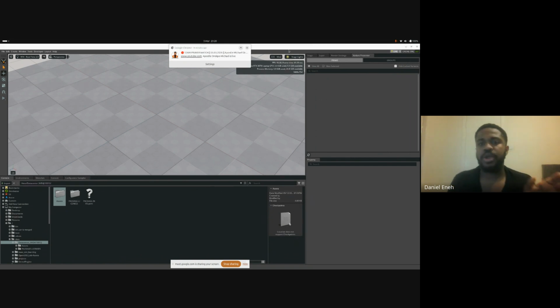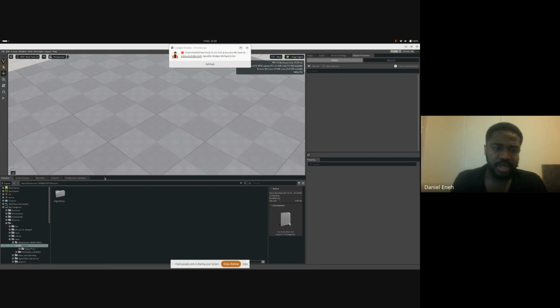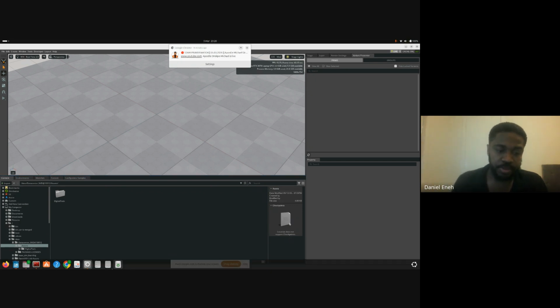The reason why we are using the cloud is because some of you won't have the GPU to run this simulator because it's very heavy. I'm using a high-end GPU, a 3070, but it still doesn't run very well. You can see it's very slow. I'm just trying to open an asset and it's taking so much time. That's why I'm going to push it to the cloud.